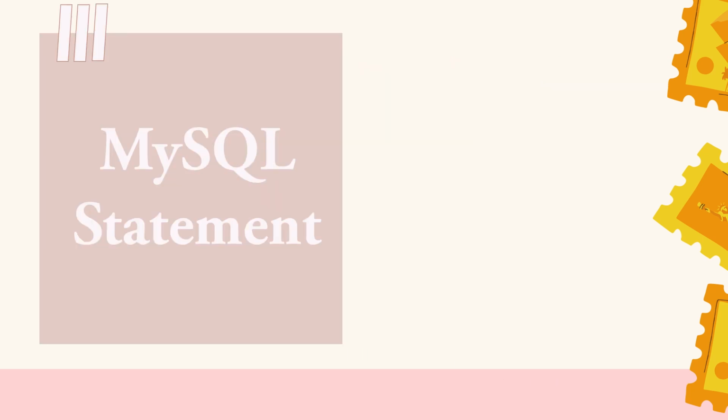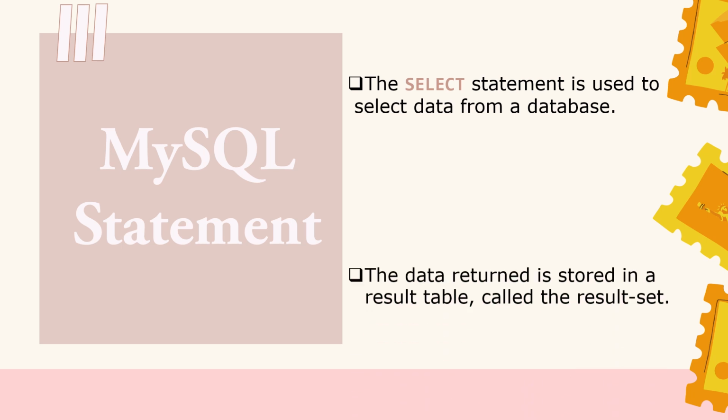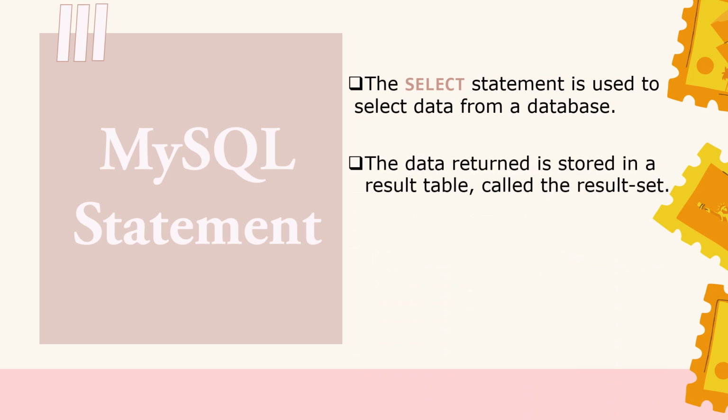Take a look. What is the function of the MySQL select statement? The select statement is used to select data from a database, and the data returned is stored in a result table called the result set. Let's take a look at this. Select column 1, column 2 from table name.